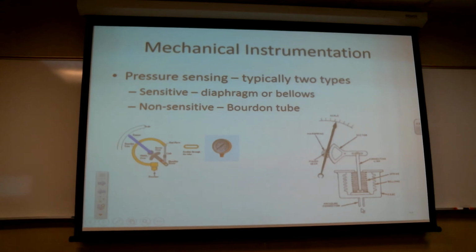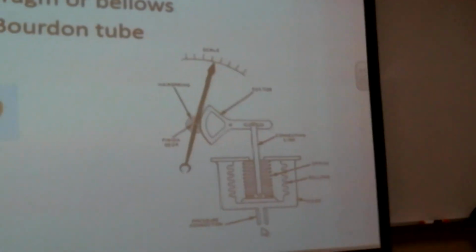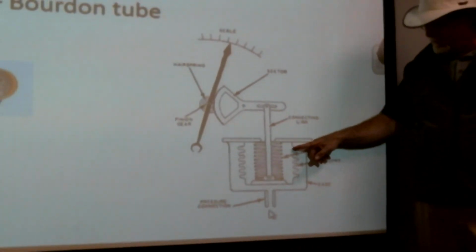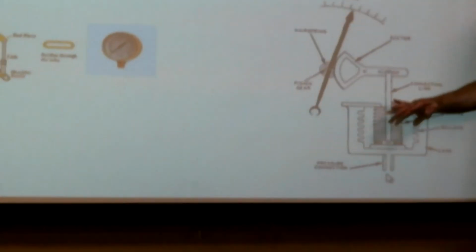It's designed to read anything from, say, 10 or 15 psi all the way up through whatever pressure you've got. If you need some sensitivity for something like inches of mercury, substantially less than 10 psi, we're going to make a very thin-walled, bellowed chamber, maybe with a little spring.